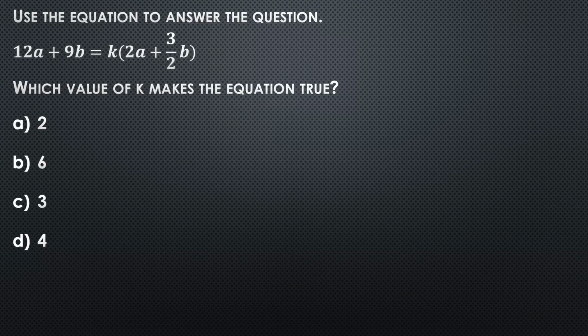And we want to know which value of k makes this equation true. So essentially what I'm looking to do is figure out which one of these numbers I should put in for k so that when I distribute that number, I am left with a 12 and a 9. Okay?